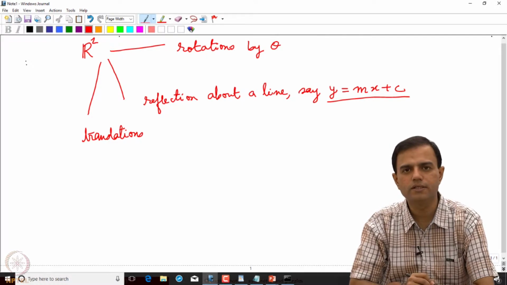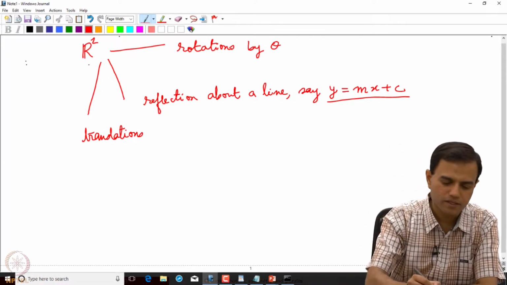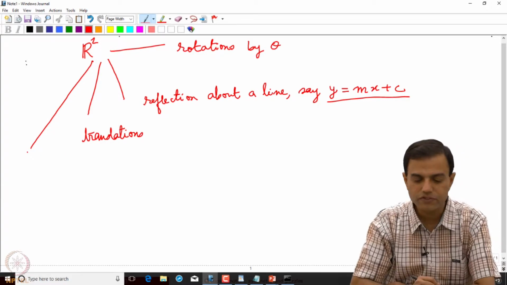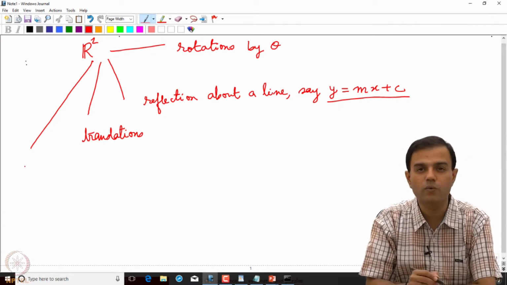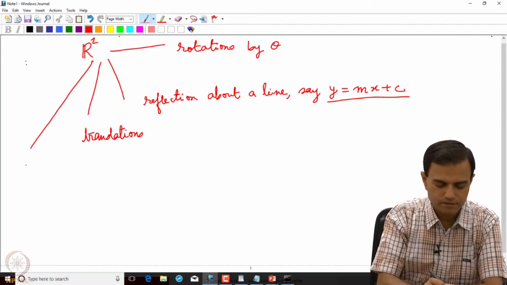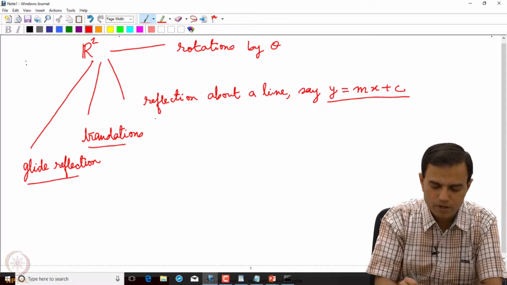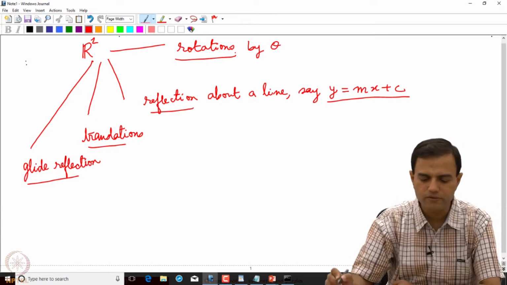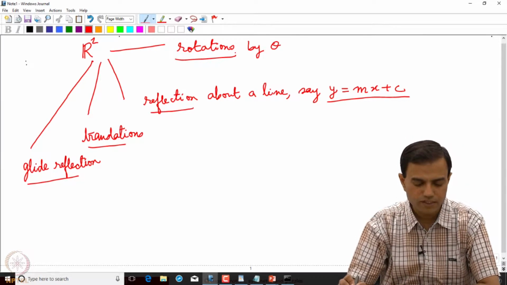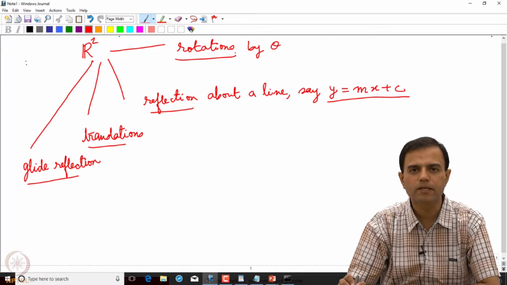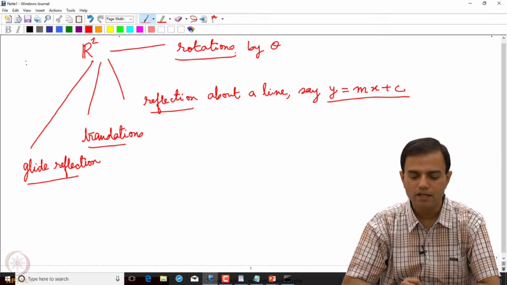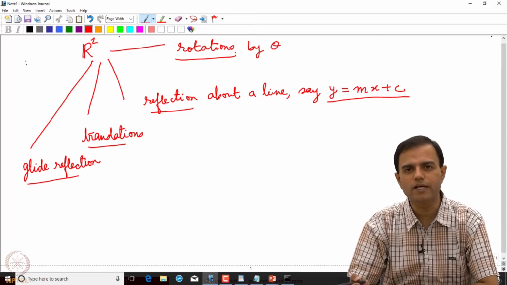I'm going to talk about translations, and then there is a very interesting type of symmetry which is there quite a lot in nature, which is called glide reflection. So I'm going to talk about all these 4 types of symmetries: rotations, reflection, translations, and glide reflections. And as you would recall, in one of the earlier lectures I had mentioned that composition of 2 symmetries is again a symmetry.